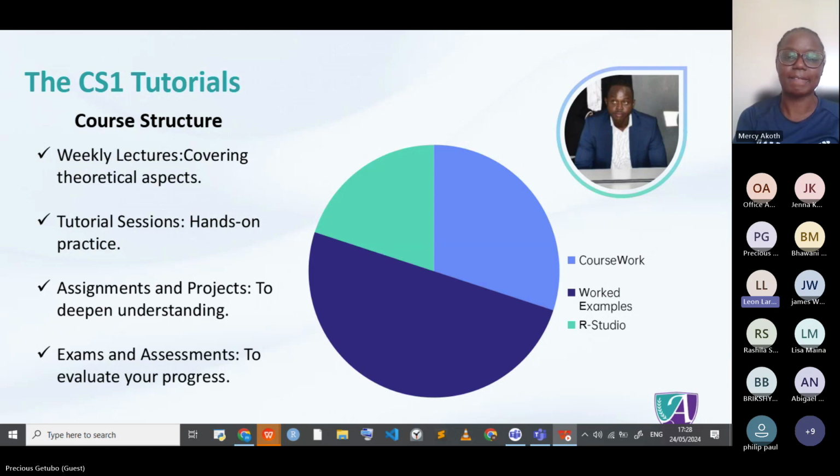For CM1, we have Excel, and for CS1, we have R. We will also take you through the software that the topics are done on, and give you some techniques to do them, because based on our experience, we have learned of the challenges students face on those software.